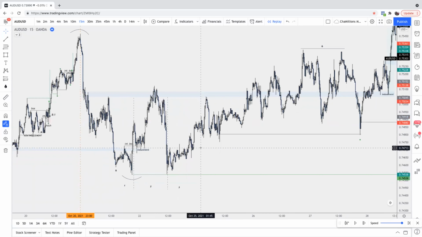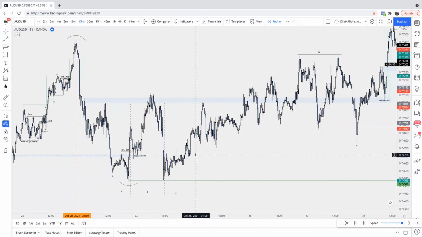Within that, I like to focus on the expansions of price, because that's a time in the market where us as traders and investors capitalize the most. So a very key point to trading is knowing what phase of price you're in. Are you in an expansion? Did you just leave an expansion? And things of that nature.